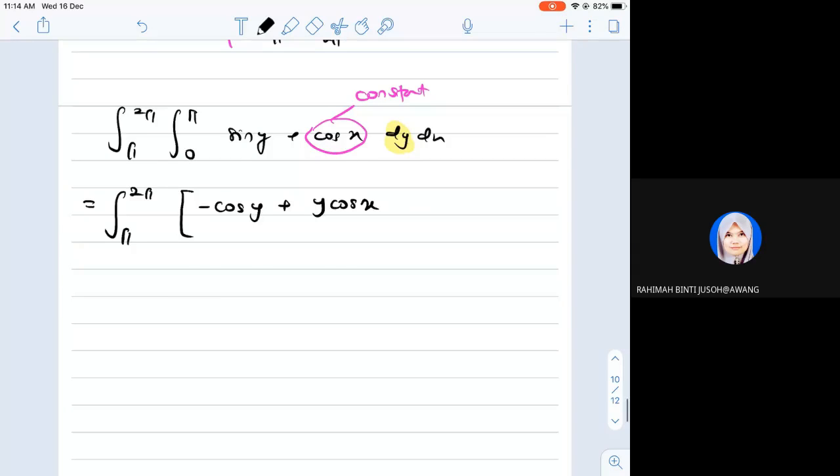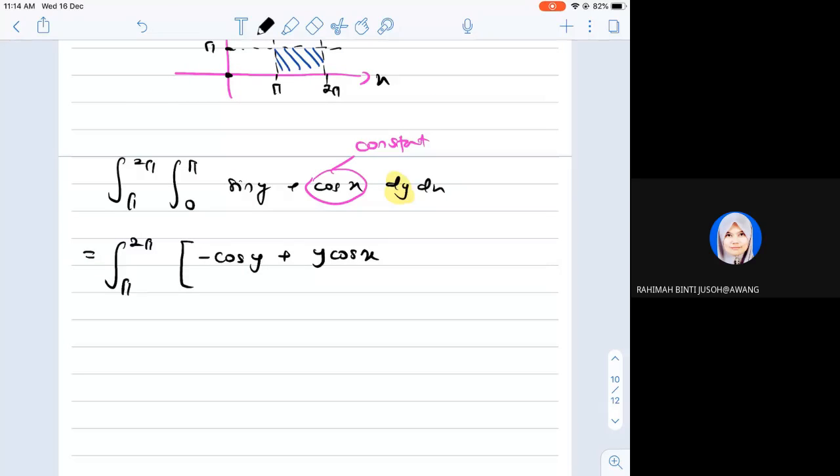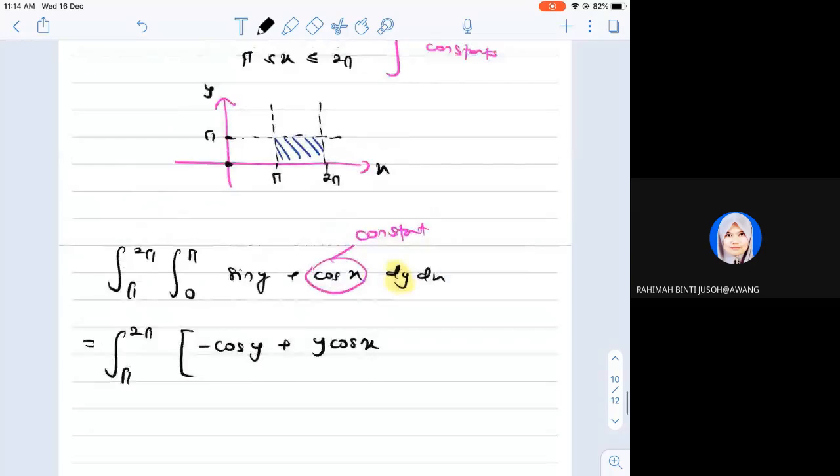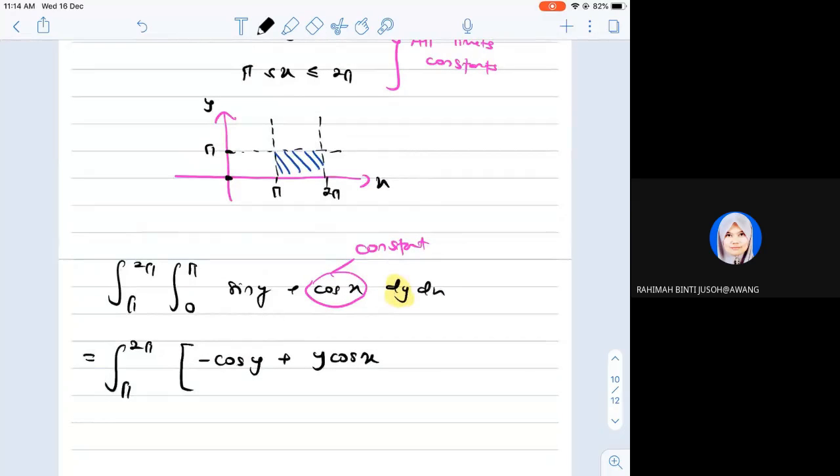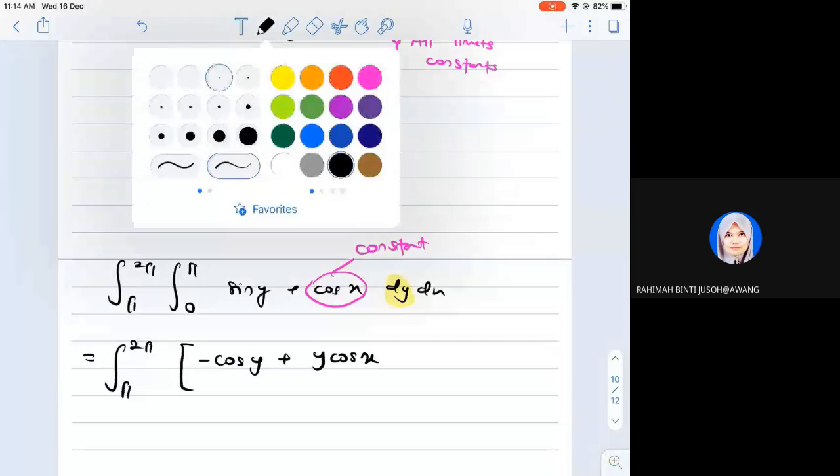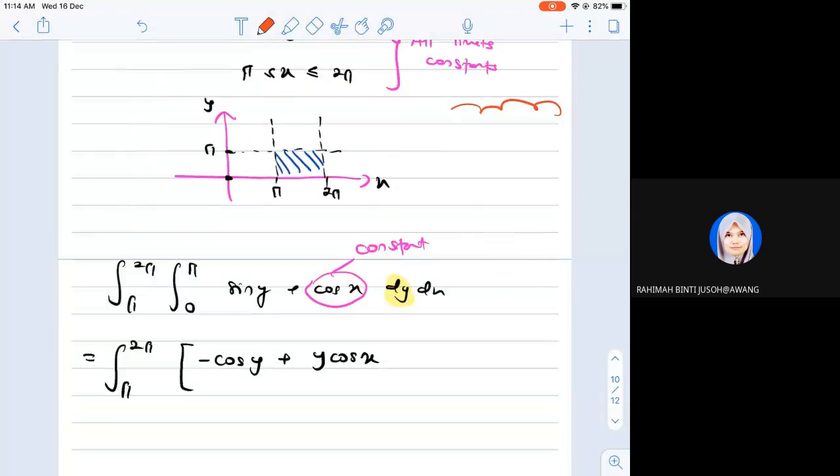Okay guys, I will explain like this. Good response just now. If your friend doesn't ask, you don't understand. Let's say I use this red marker pen. For example, if we want to integrate 3 with respect to y, 3 is a constant, right? If we integrate 3 with respect to y, we will get 3y, isn't it?